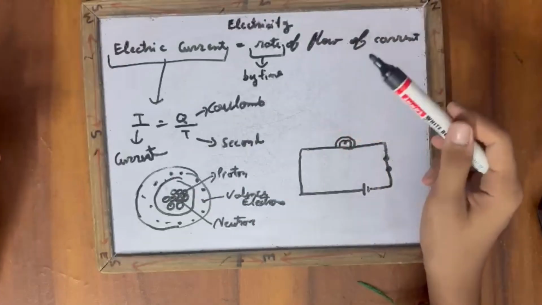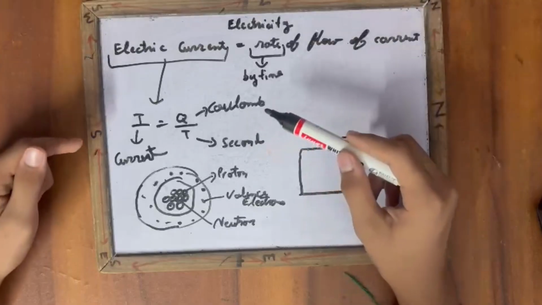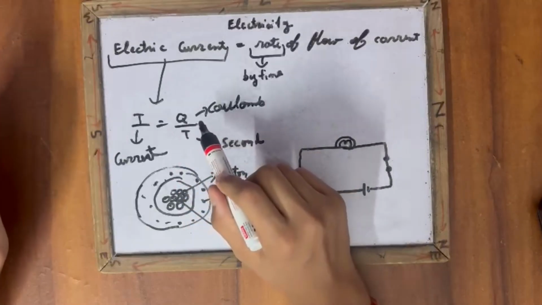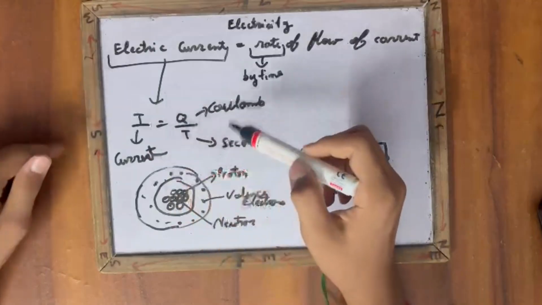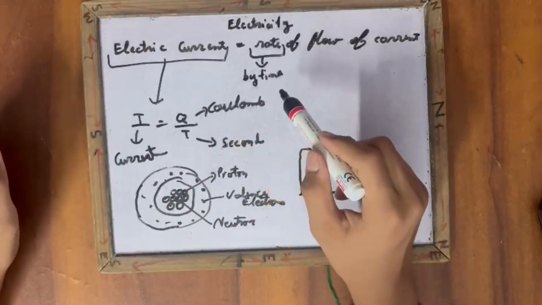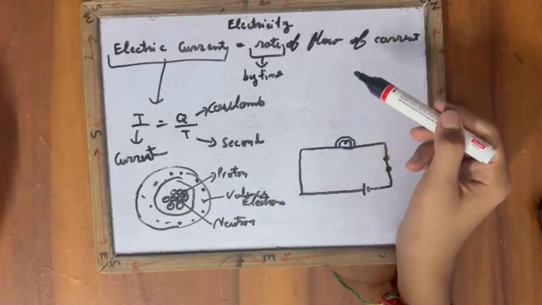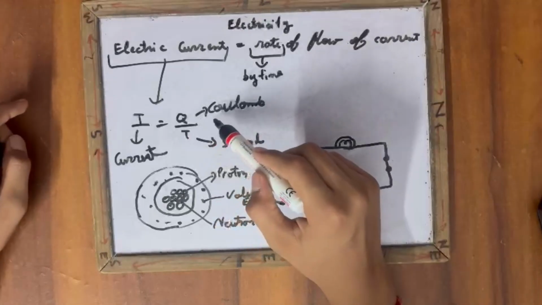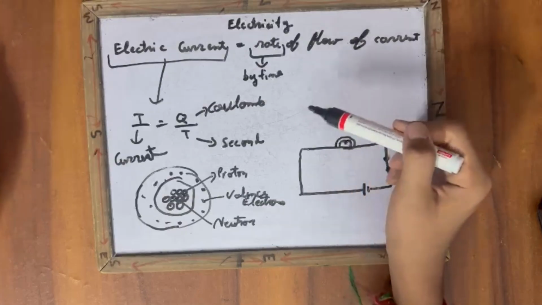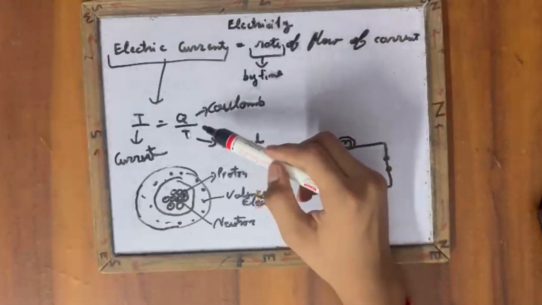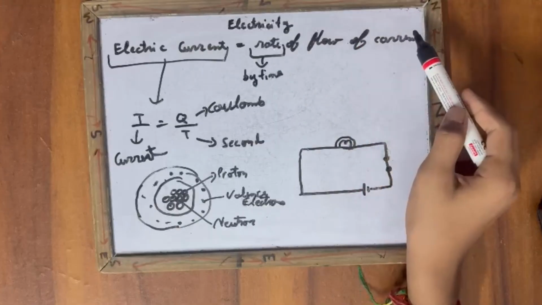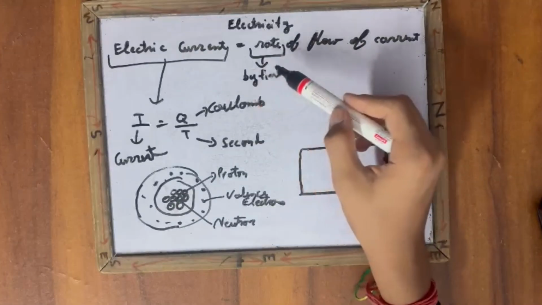How to find electric current? The formula for that is I equals Q upon T, in which I is current and Q is charge. Q is the symbol to represent charge, and the unit of charge is the coulomb. Current is the rate of flow, and rate means by time.